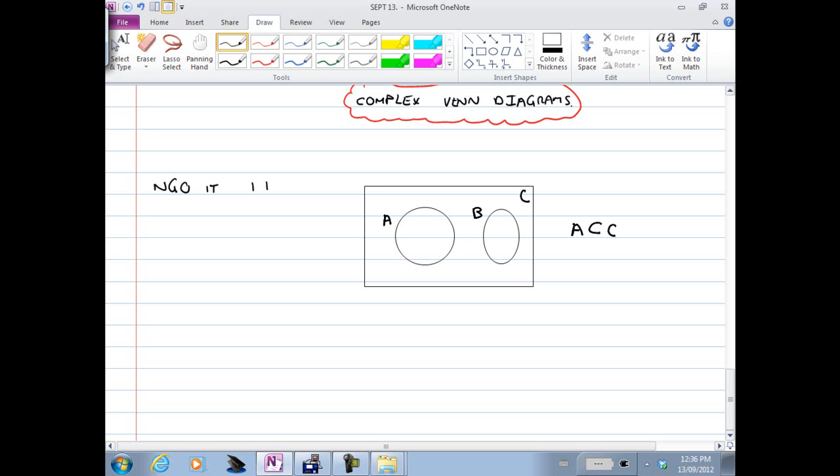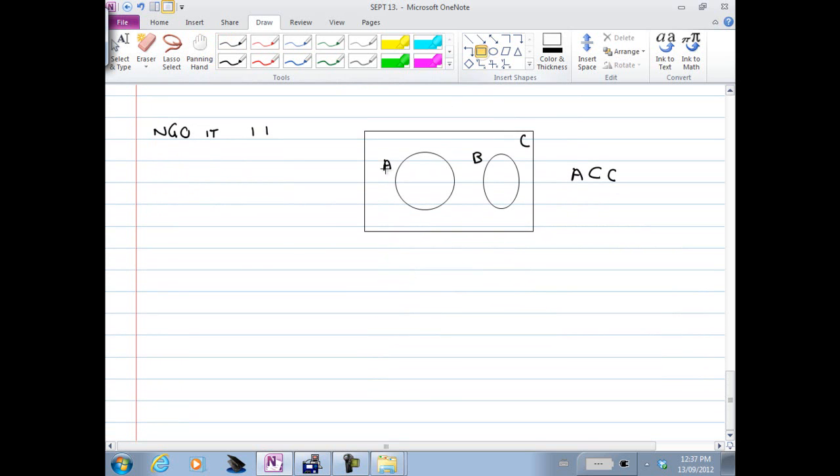Now I'm going to change this Venn diagram up just a tad bit. We're going to draw a new Venn diagram.